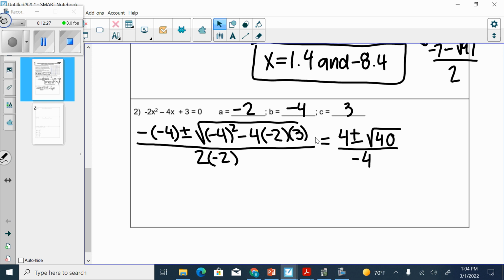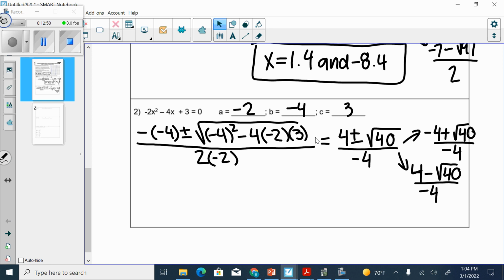All right. Okay, so again, remember our calculator doesn't have a plus or minus button, so I'm going to do 4 plus square root of 40 over -4, and then I'll also have to do 4 minus square root of 40 all over -4.